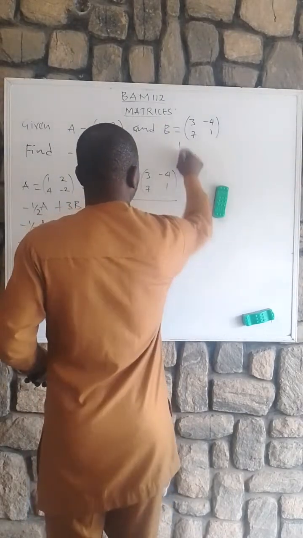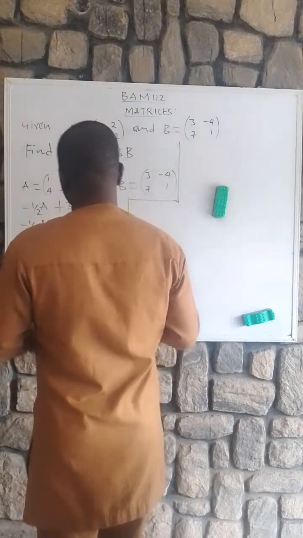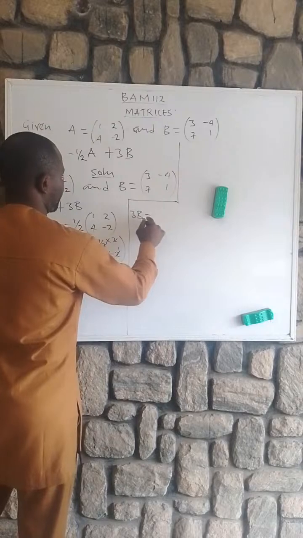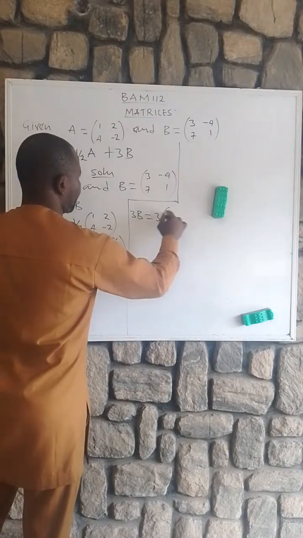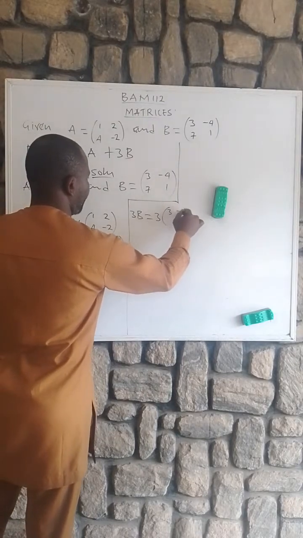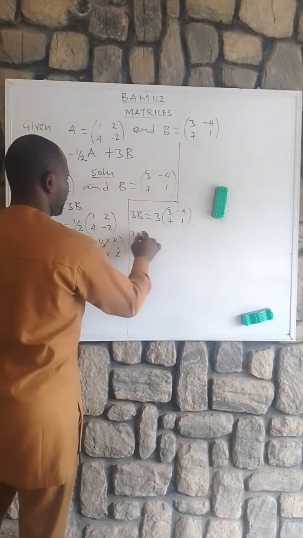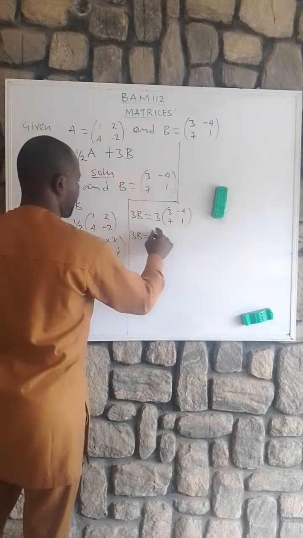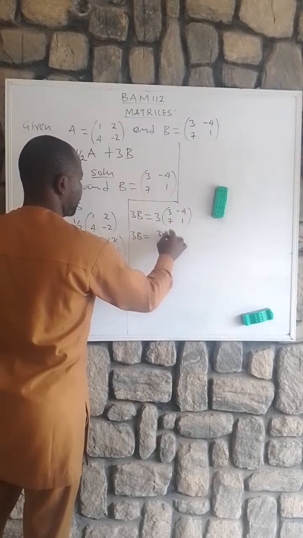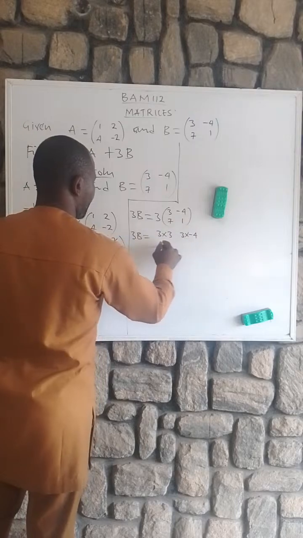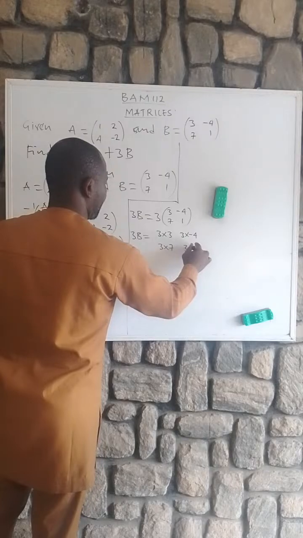Let's consider 3B. 3B is equal to 3 times matrix B, [3, -4; 7, 1]. So our 3B will be equal to, use 3 to multiply: 3 times 3, 3 times -4, 3 times 7, and 3 times 1.